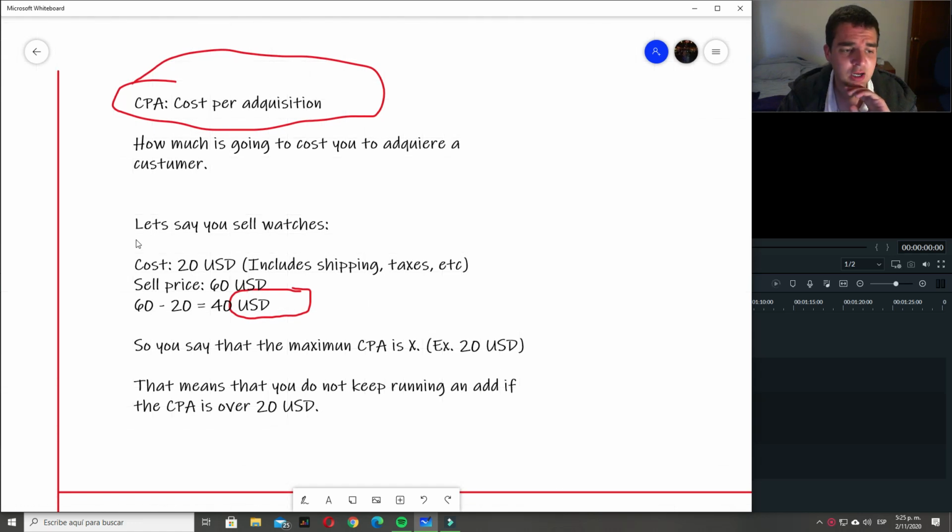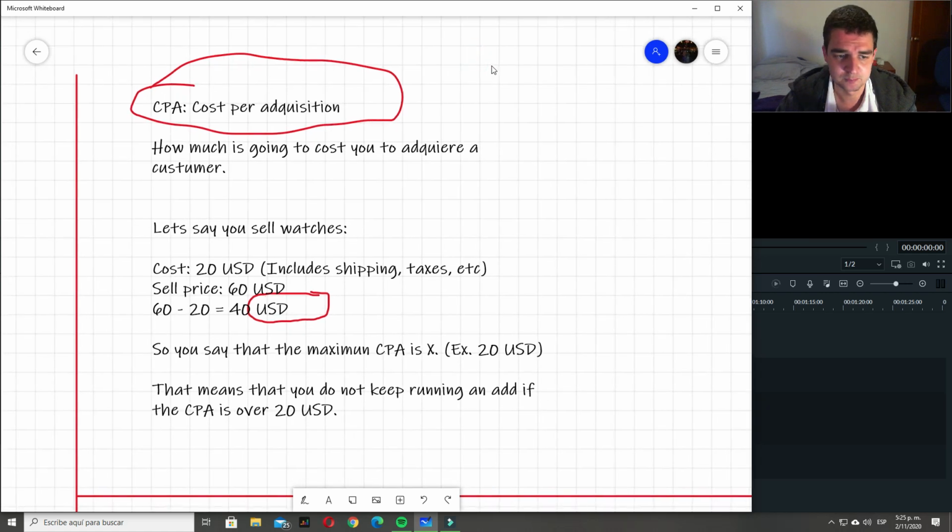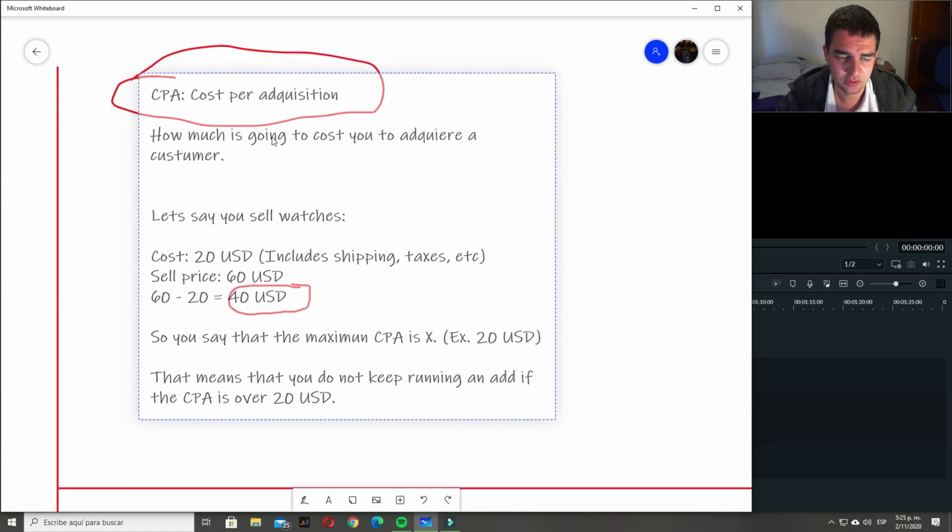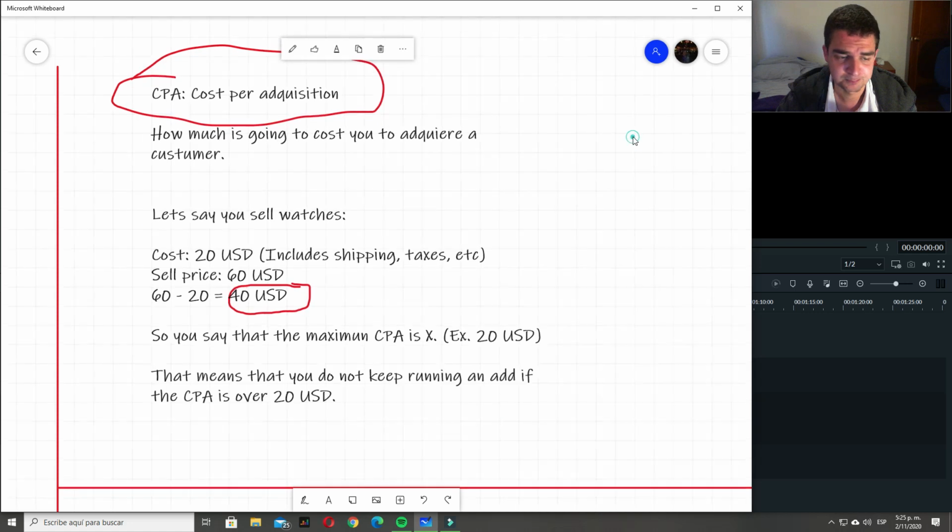You sell watches, and it costs you $20 to produce and ship a watch. Like all the costs associated with producing it, shipping it, warranty, customer service, etc. are $20 per watch, right? And you sell it at $60. So you have $40, not profit, but a $40 margin to play with, right?